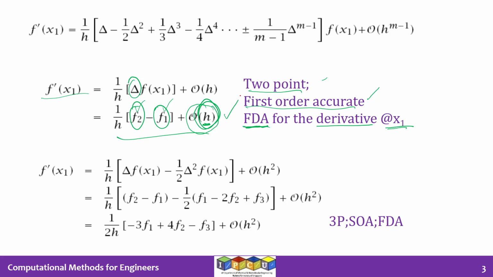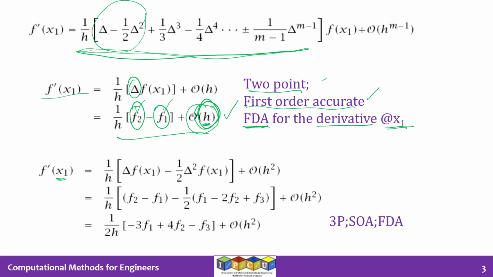An estimate of the derivative at x is equal to x1 may be obtained by retaining not just one term but two terms in the square brackets. I'm able to use this expression because we are still at x1, and at x1 alpha is equal to 0, and this expression was obtained by using alpha is equal to 0 in the general expression.